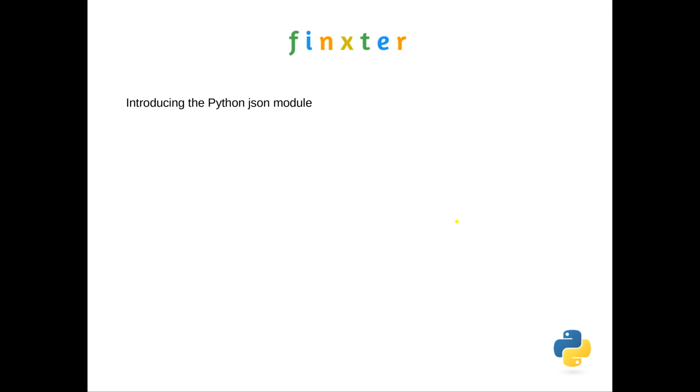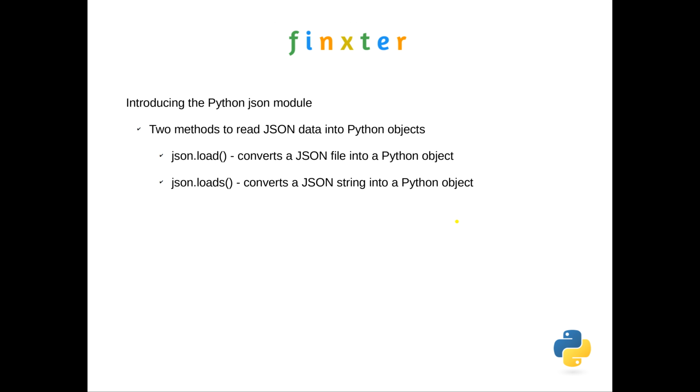So let's talk about the Python JSON module. This module needs to be imported into your code. Effectively, it provides you some methods to read JSON data into Python objects, and it provides you a method to write from a Python object into JSON data. So let's look at the read first, and there's two methods there.